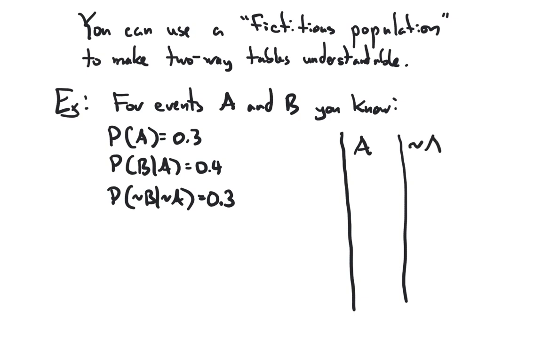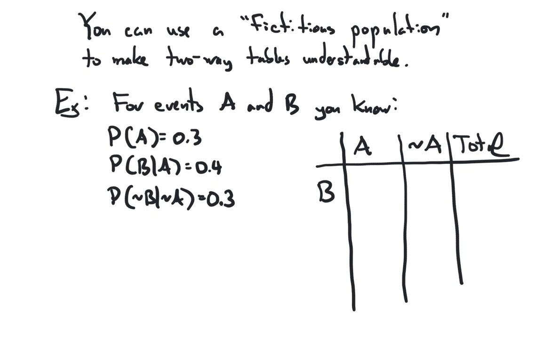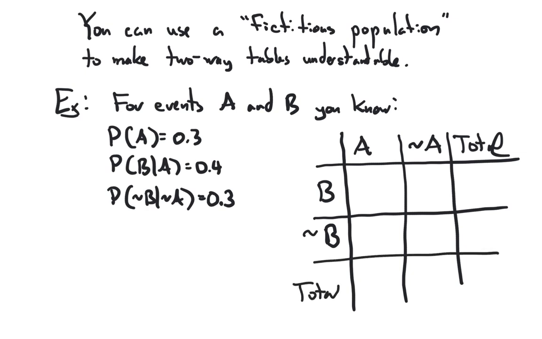So let's say my two-way table looks like this. We only have two events, A and B. So you're either in A, not in A, or in B, not in B. And again, we have total columns. And maybe I'll draw this out here. But remember, you can view this as a Venn diagram if you like too. So if this is A and this is B, this region, the intersection, is when you're in both, so that corresponds to this box here.